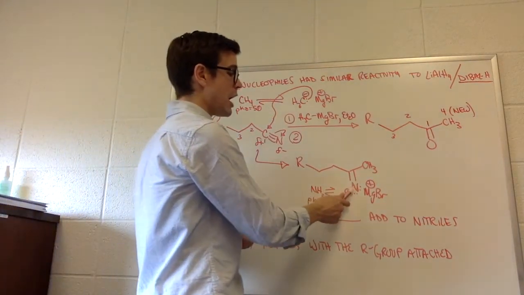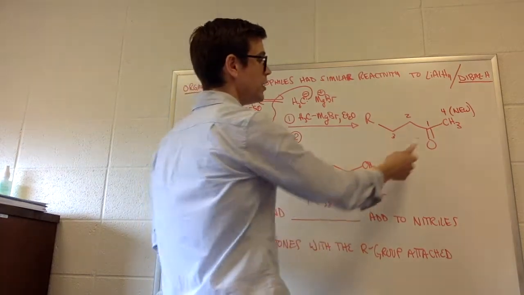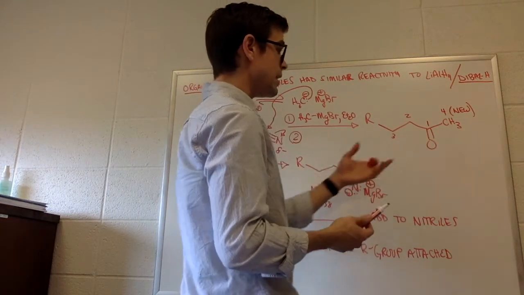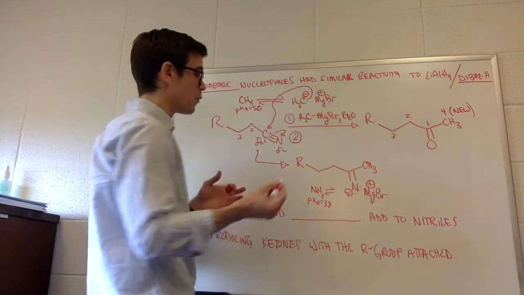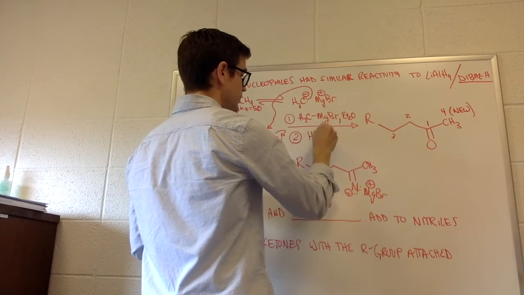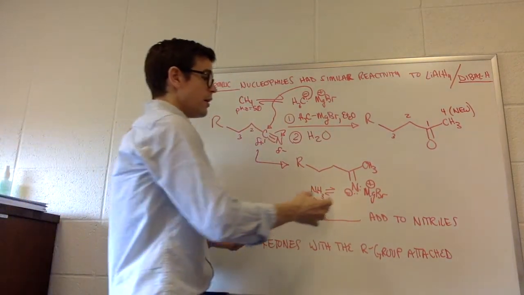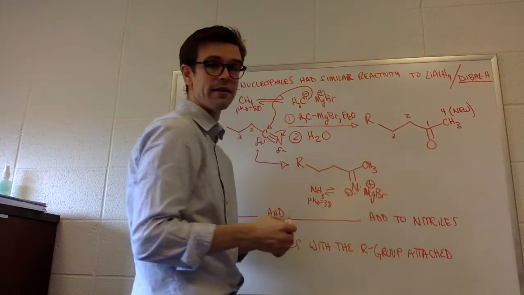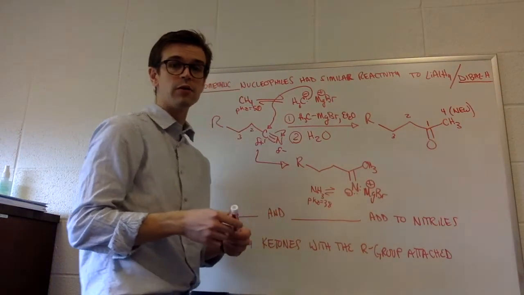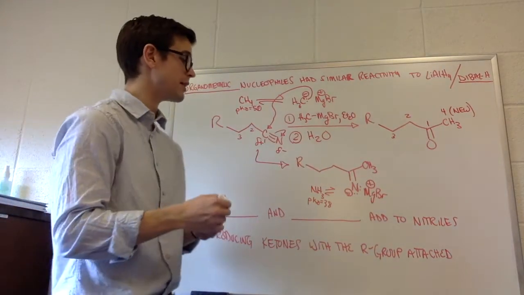So how do we change out an imine, a negatively charged imine, for a ketone? All we have to do is add water. That's the second step here. First this nitrogen is going to protonate, then water will be able to add in there as a nucleophile, and then the imine gets hydrolyzed to form the ketone.